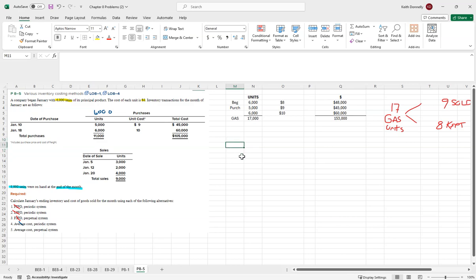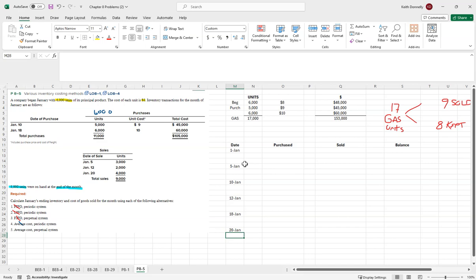We have to have our date, our purchases, what we bought, what we sold, and our balance. And we're going to have 1, our beginning, then 1.5, 1.10, 1.12, 1.18, and 1.20.